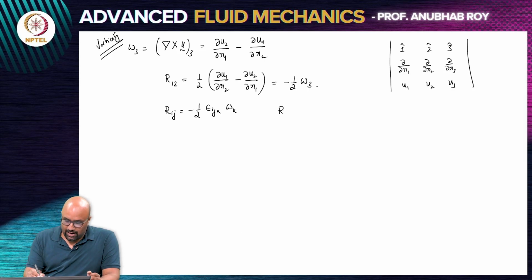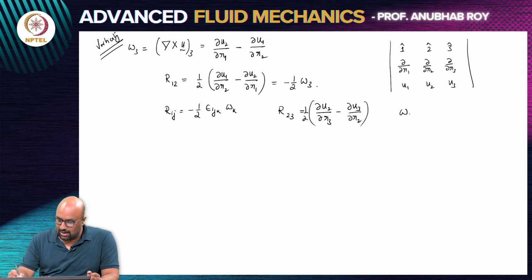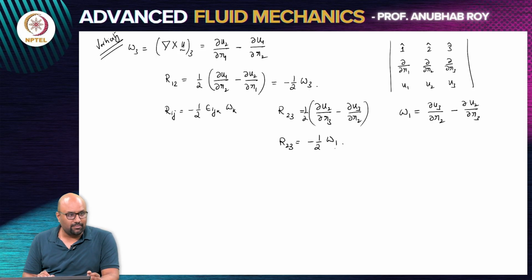Now, if you were to, let us say, pick R23, R23 would be ∂U2/∂R3 minus ∂U3/∂R2 with a factor of half. Now, what is omega's one component? We have it right ahead of us, ∂U3/∂R2 minus ∂U2/∂R3. And we see that R23 is minus half of omega 1.